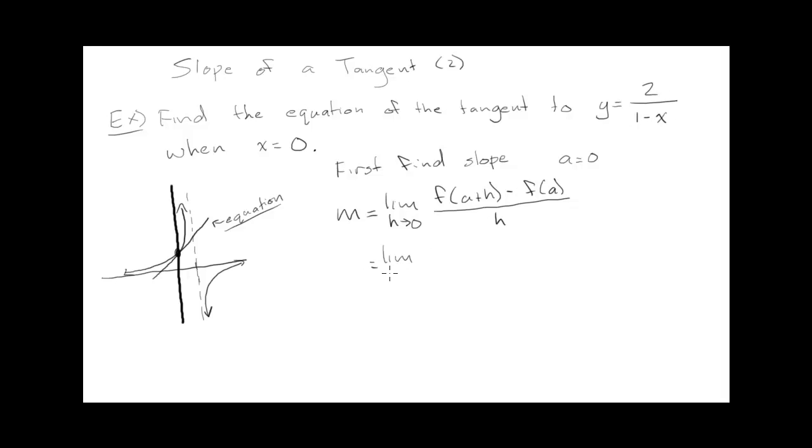So the limit as h goes to 0 of, now I'm just going to put 0 plus h into this. So it would be 2 over 1 minus 0 plus h, I'll just write h, minus f at 0. So that'd be 2 over 1 minus 0, all divided by h.